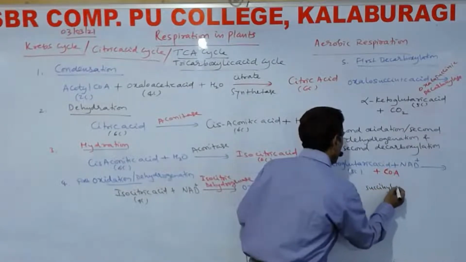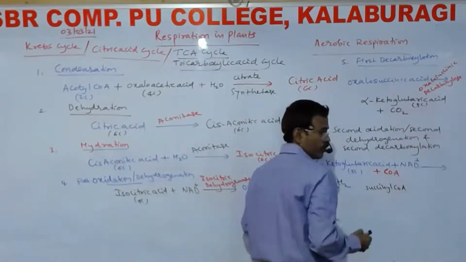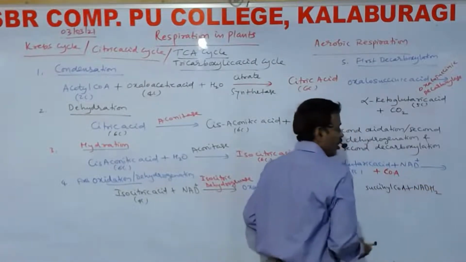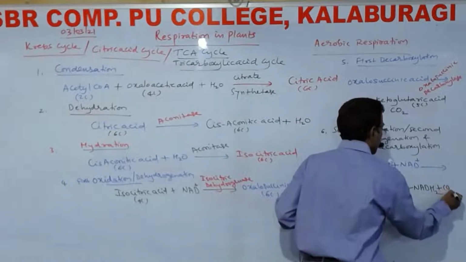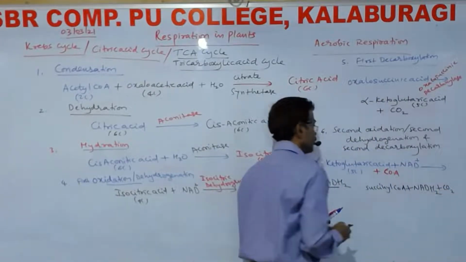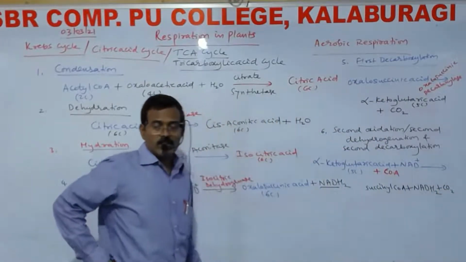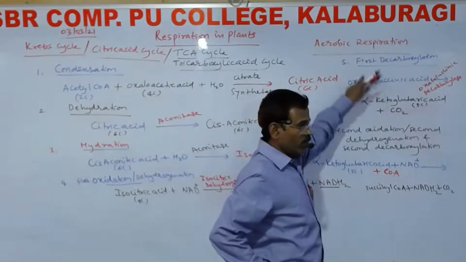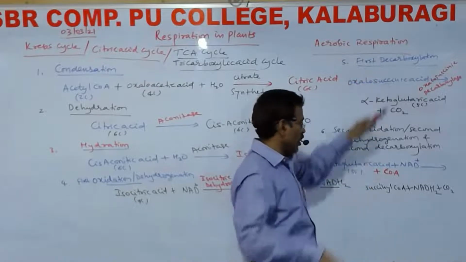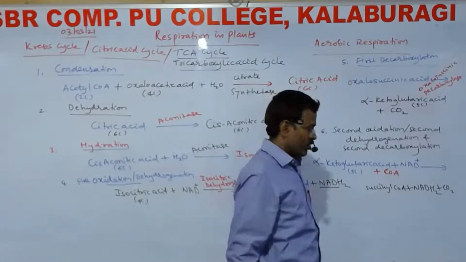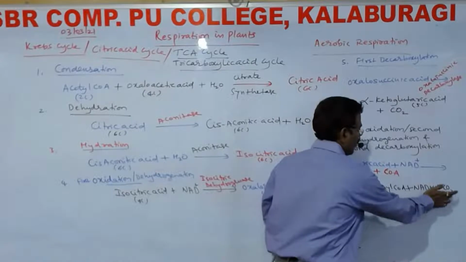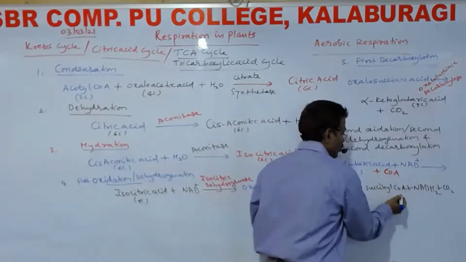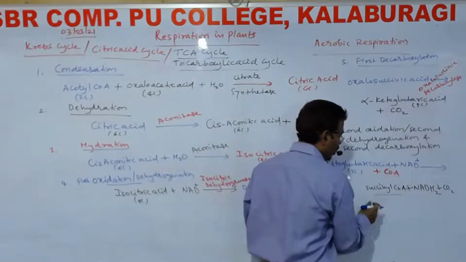Succinyl coenzyme A plus NADH2, and there is the liberation of carbon dioxide. So one carbon dioxide is released in first decarboxylation, step number 5, and in the sixth step there is another carbon dioxide liberation. In the sixth step, coenzyme A is used and results in formation of succinyl coenzyme A.